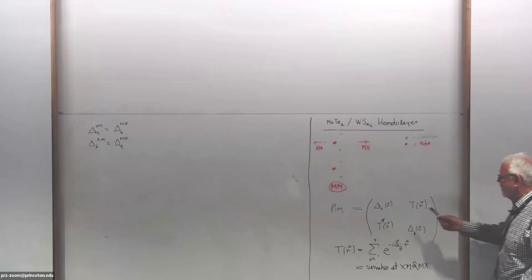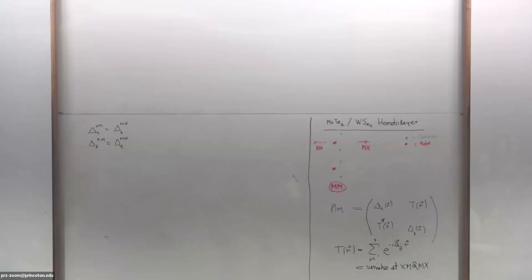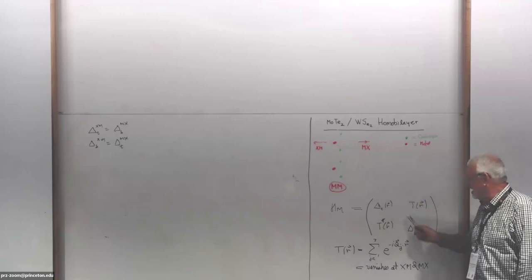And from what I've said, that means that this two-component spinor, which we usually think of as a layer pseudospin, is at the XM positions, let's say, at the north pole of a Bloch sphere, where I choose the north pole to be the top layer, and at the MX positions, at the opposite high-symmetry positions, it will be at the south pole. This tunneling amplitude has a magnitude and a phase.